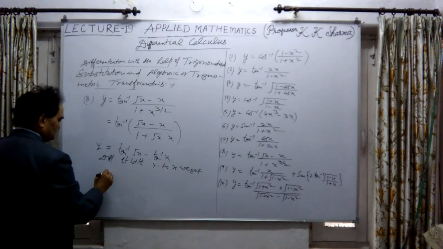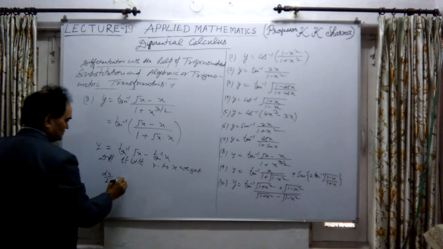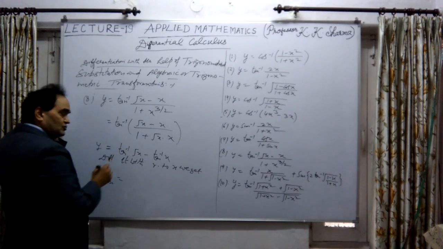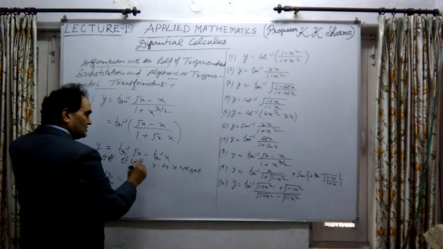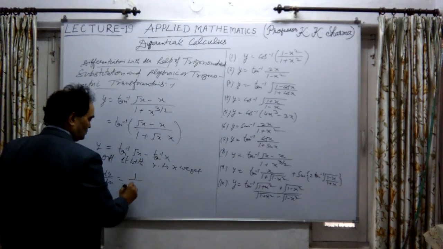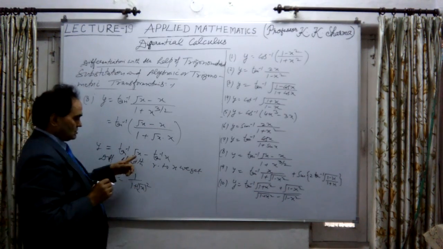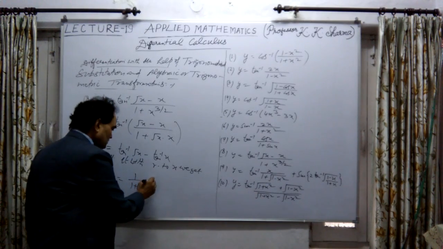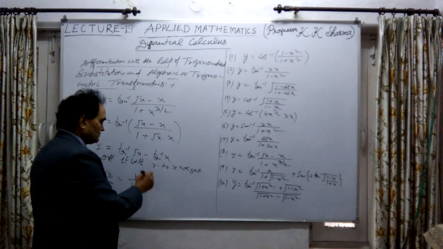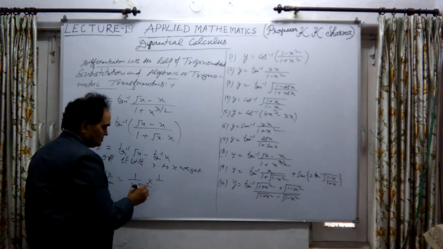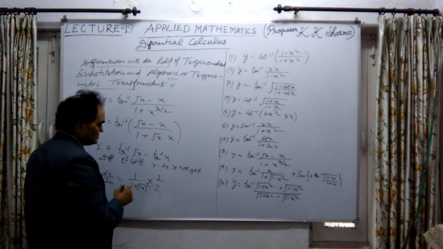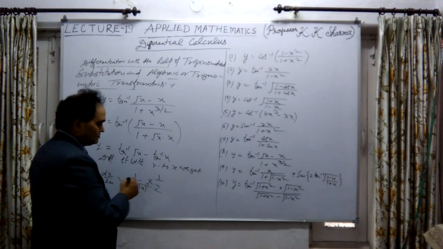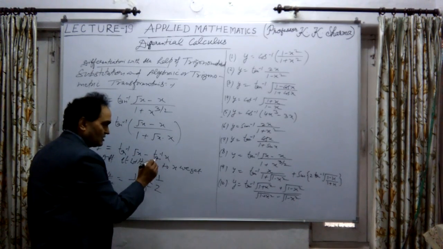So first is dy/dx. This is equal to now differentiation of tan inverse under root x. So 1 upon 1 plus (under root x) whole square. But now the root x is not x, so differentiating it again, it will be 1 upon 2, power half will come, we have to multiply into x raised to power half.